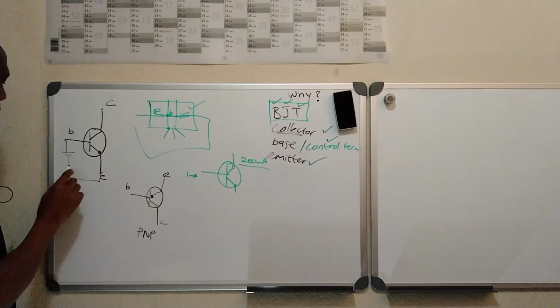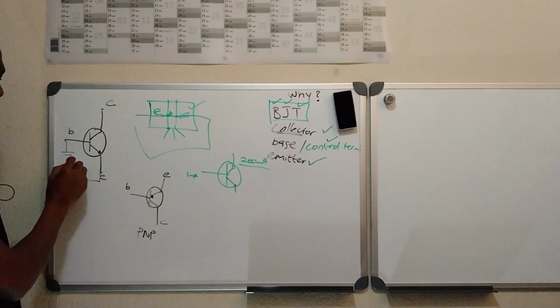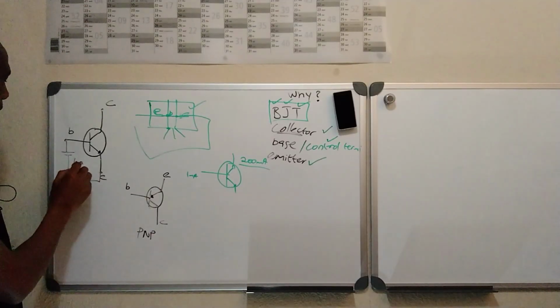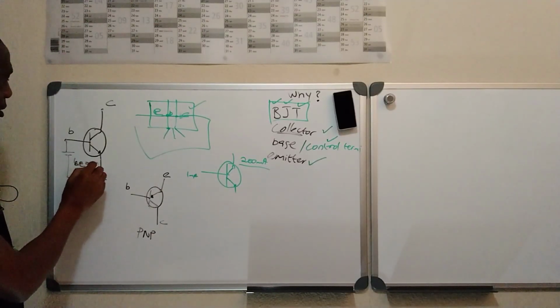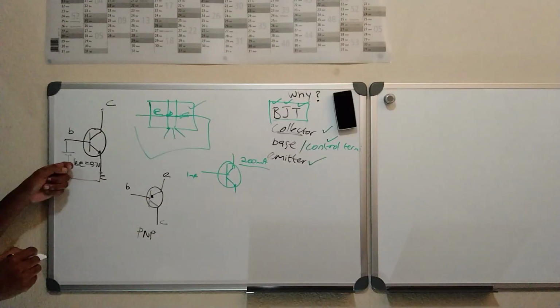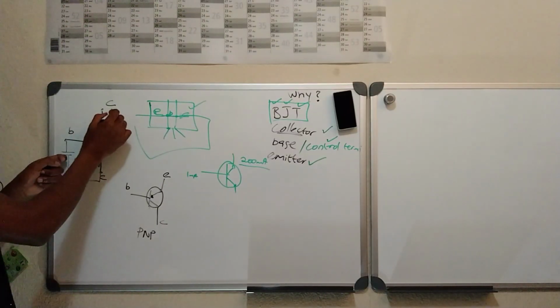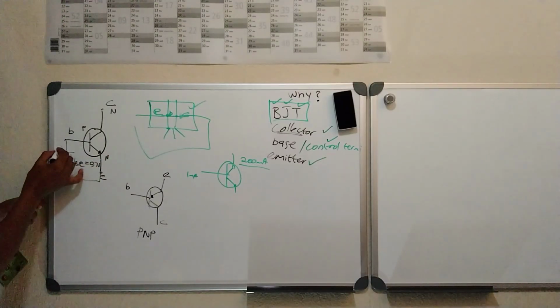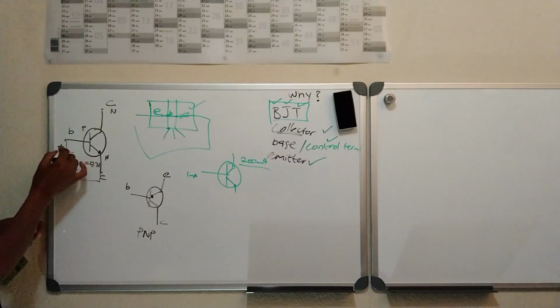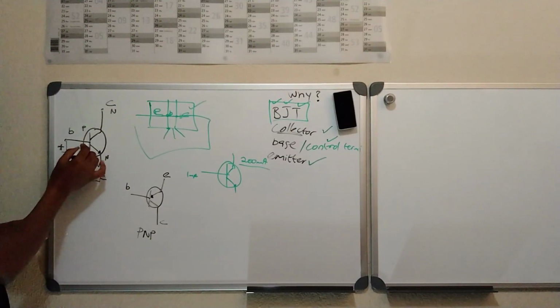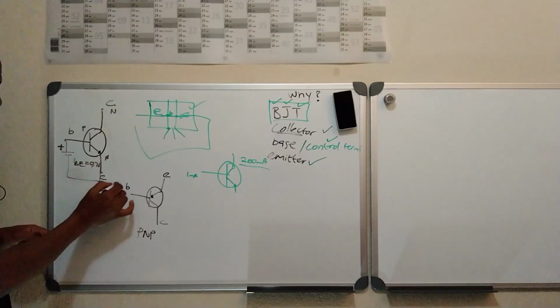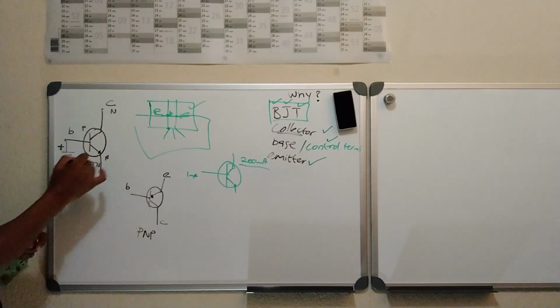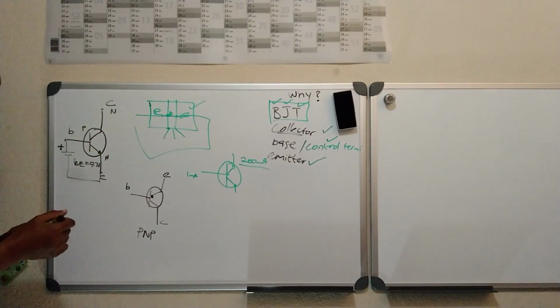It must at least be greater than this VBE. Must be equal or greater than 0.7 volt. It must be positive because it's an NPN. This positive terminal of the battery must forward bias this, so it must be able to push these charges through the emitter to the collector. Does it make sense? Yes.